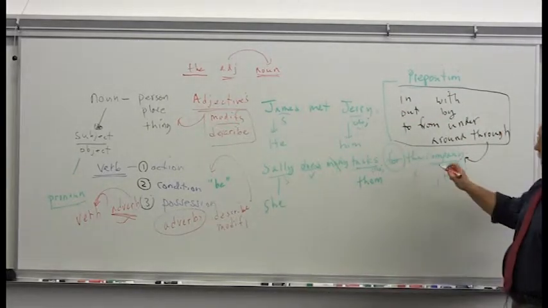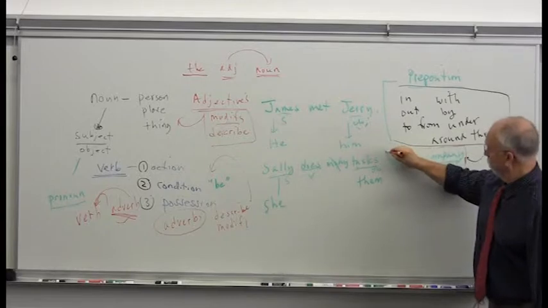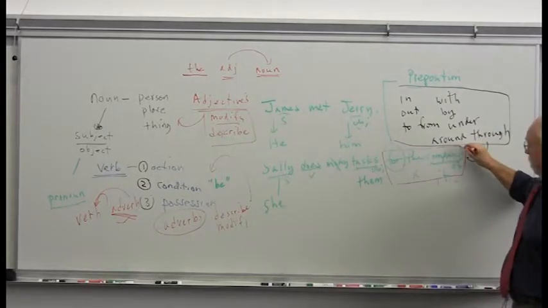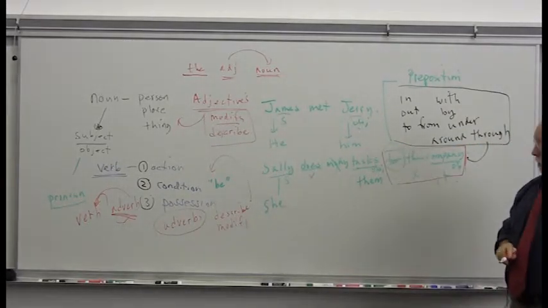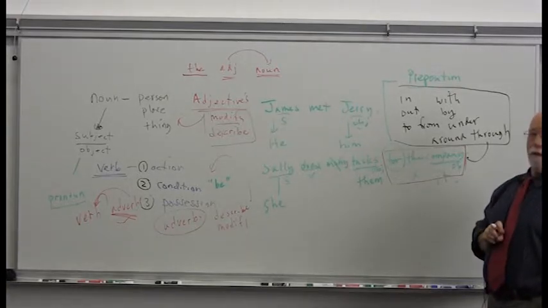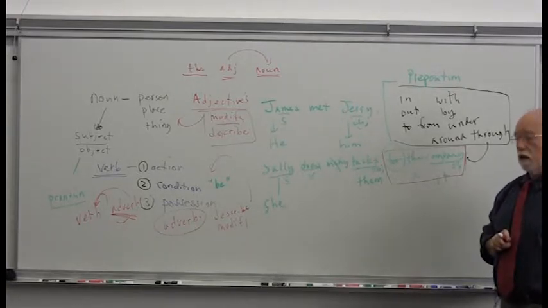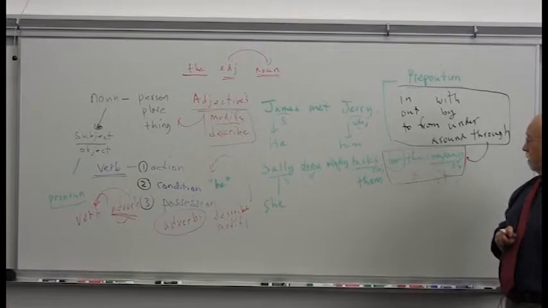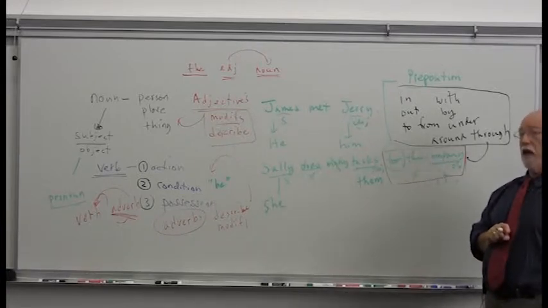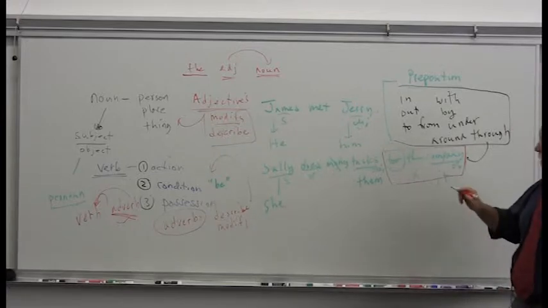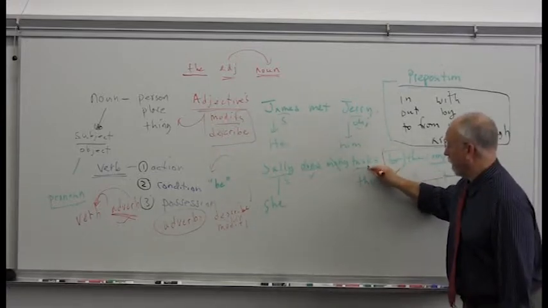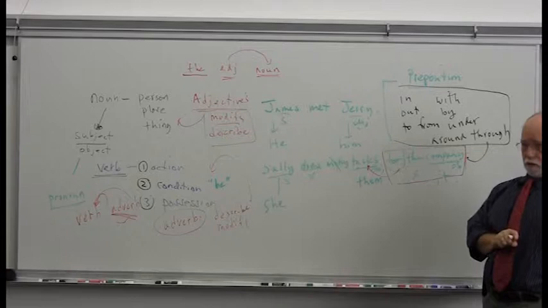Now here, what we have is, for the company, this is a prepositional phrase, but it also serves as an adjective, because it tells us what kinds of tasks she does.